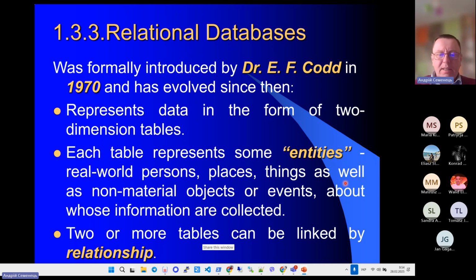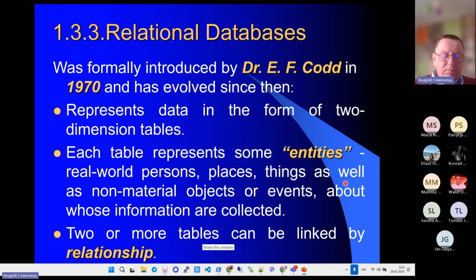Specifically, each table represents some entity: a real-world person, place, thing, as well as non-material objects like events. So each table represents one entity and collects information only about this entity.